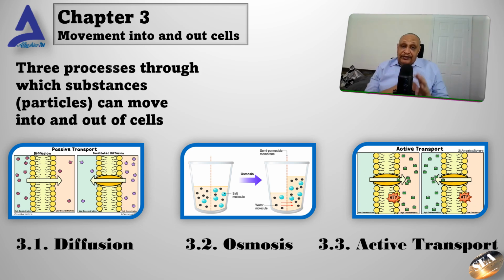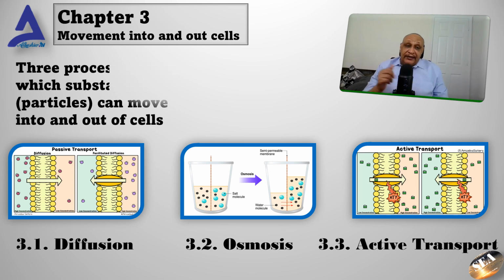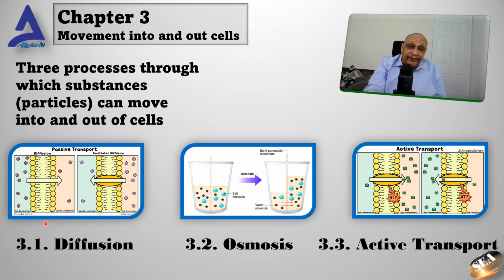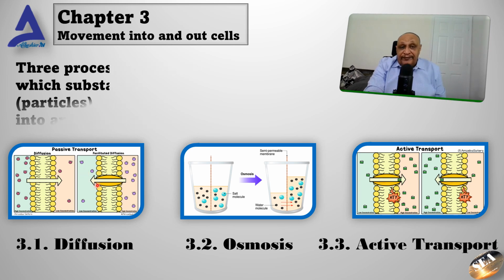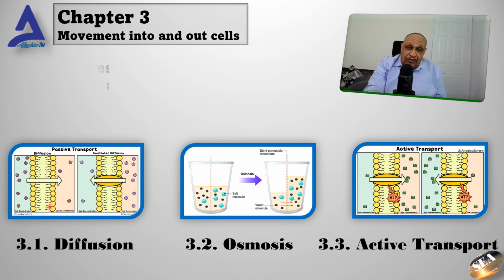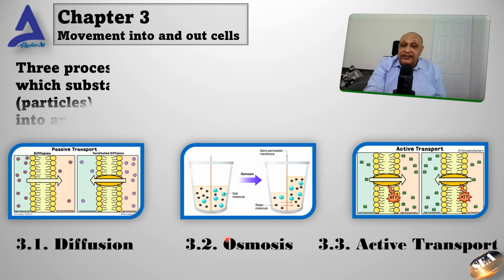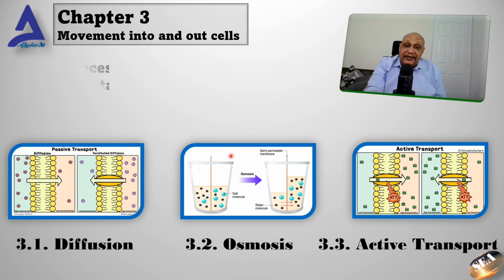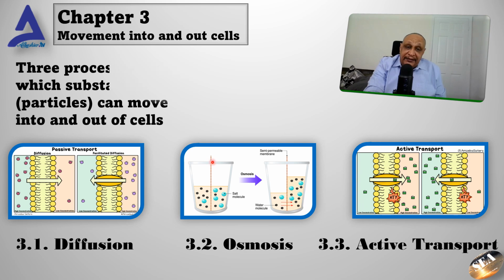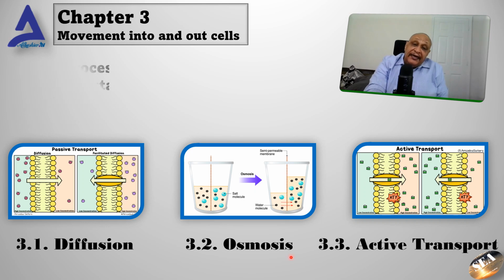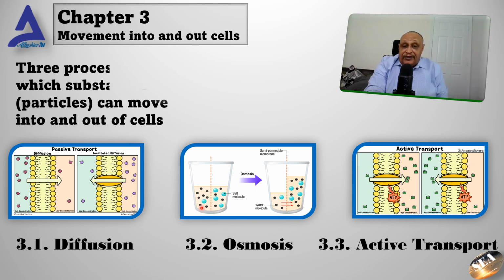We will start today with diffusion. This resembles two types of diffusion, simple diffusion and facilitated diffusion. We will see what is the difference between both of them. Then we go to osmosis, and we will see how the semi-permeable membrane is important, what its effect is, and how water moves.